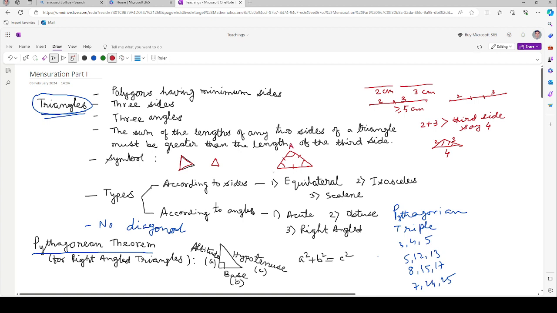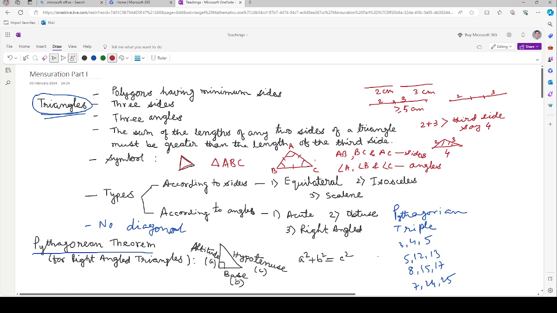If I denote this triangle as A, B, C, then we can symbolize this triangle as triangle ABC. AB, BC, and AC are the sides, whereas angle A, angle B, and angle C are the three angles of this triangle.